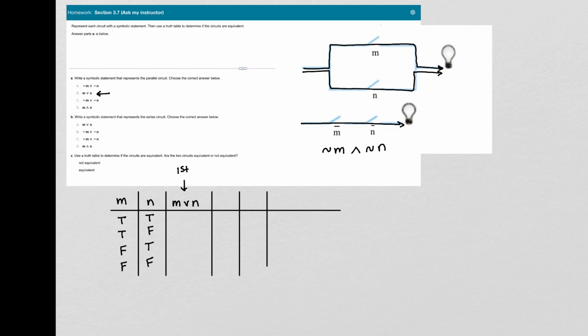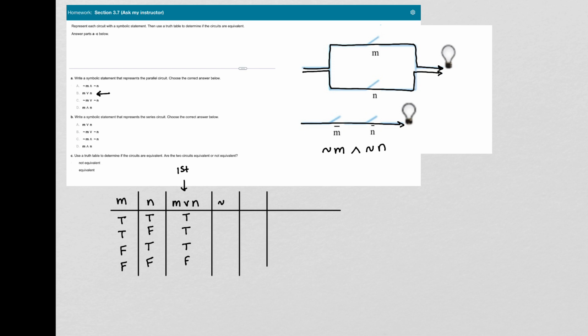And with OR, the only way for an OR statement to be false is if both M and N are false. So this is going to be true, true, true, false.